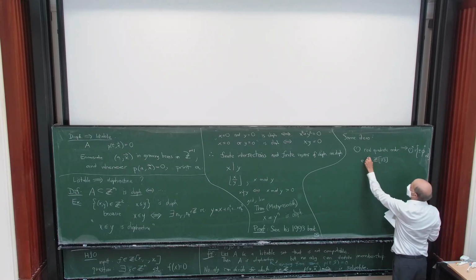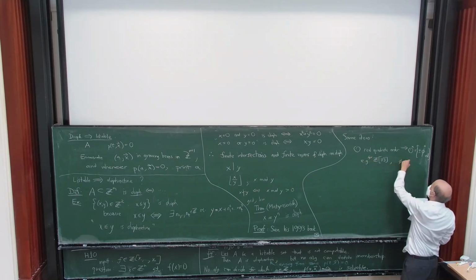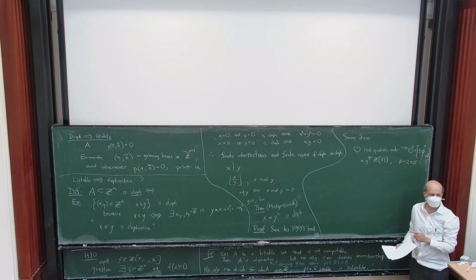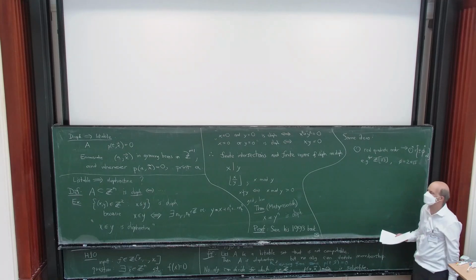For example, for this ring, the fundamental unit you could take to be this number. That's a unit, because its inverse is 2 minus the square root of 3. And all the other units are powers of this one, up to sign.